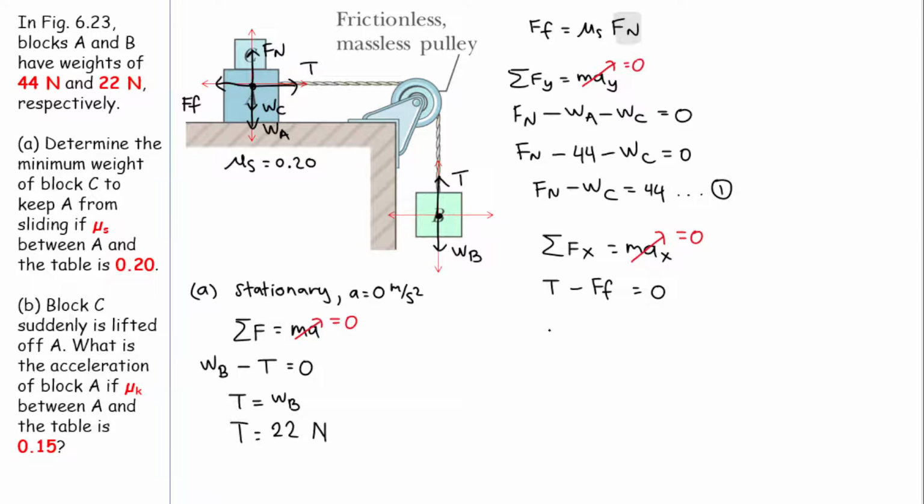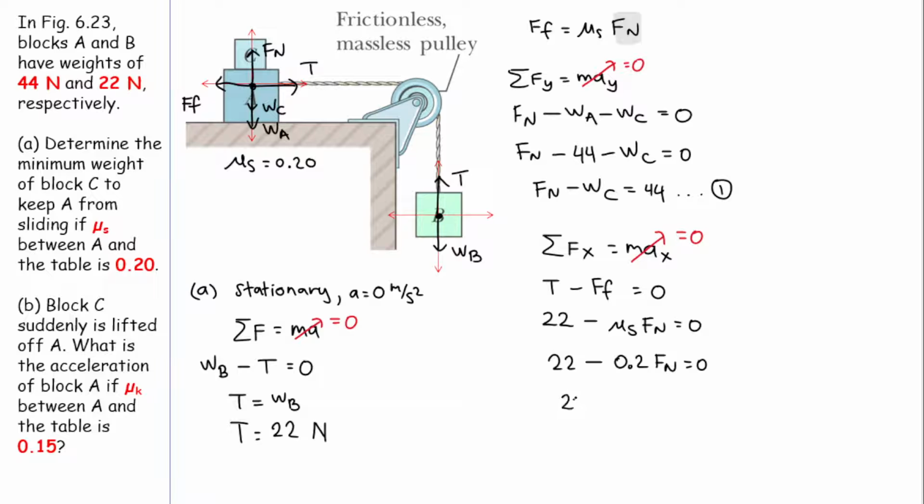What is T? T is 22. Good. And then minus Ff, the force of the friction, that will be mu s times Fn, and that will equal 0. So we'll have 22 minus mu s, where mu s here is 0.2, multiplied by Fn, and that will equal 0.